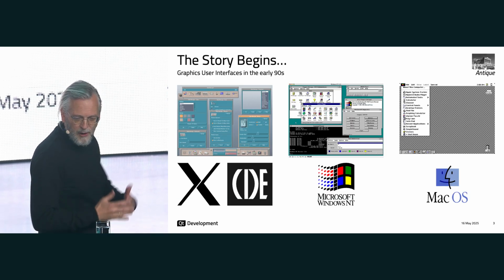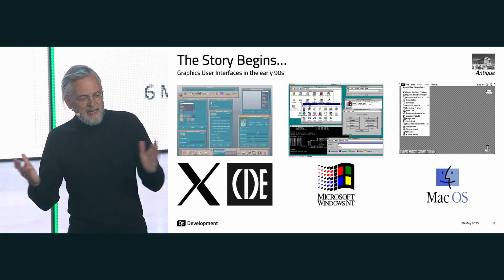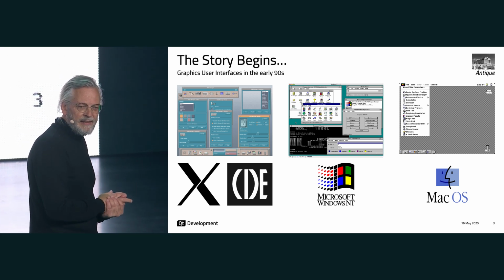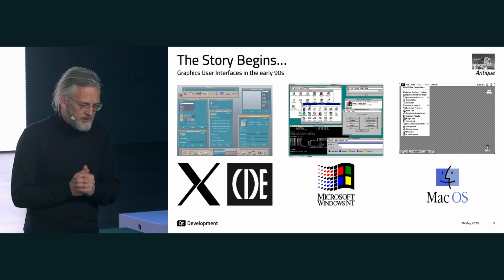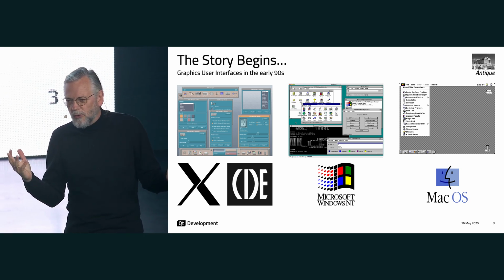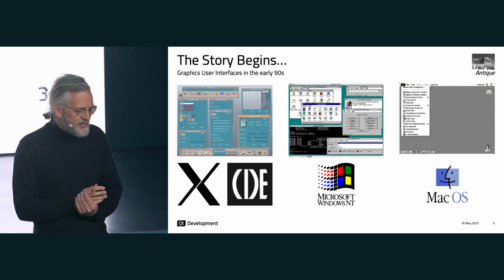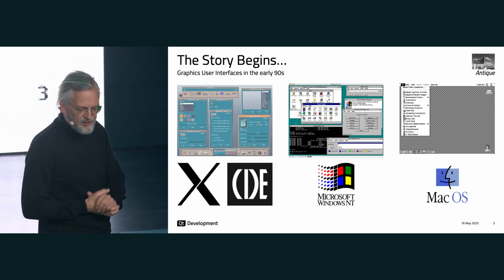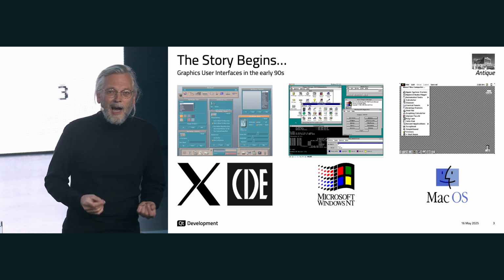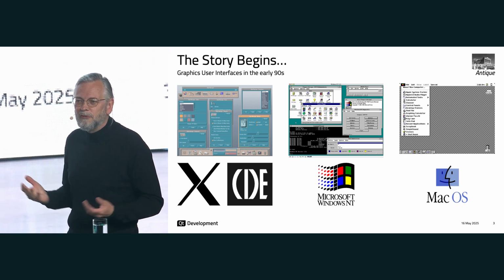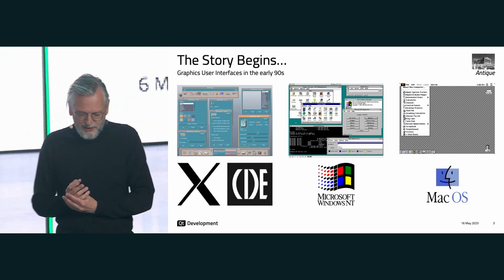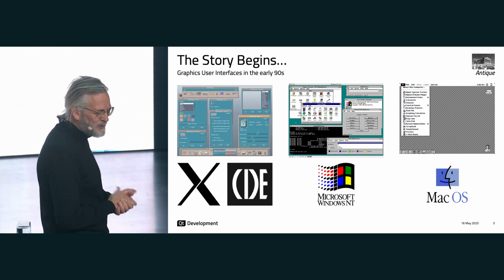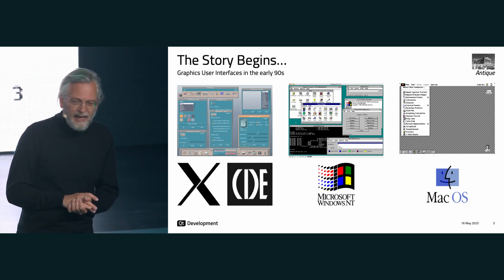So, without further ado, our story starts out in the early 1990s. And the field of user interfaces looks more or less like this: on the commercial Unix workstations, the vendors have standardized on the X11 Windows system and the CDE desktop environment, while on the IBM-compatible PCs, Microsoft is winning the competition for the graphical user interfaces with their Windows product, and at this time we're talking version 3 and NT.